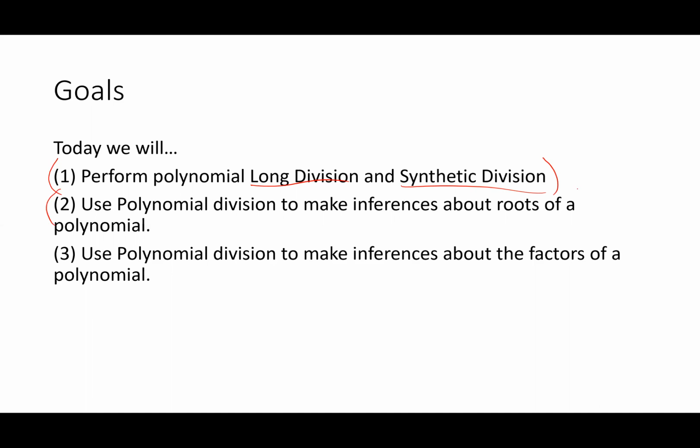Then we're going to use polynomial division to make inferences about the roots of a polynomial. And from there, we'll be able to make inferences about the factors of a polynomial. Just to give you an idea of this connection, it's really not that fancy. If I've got a polynomial, we'll call it p of x, and let's suppose that p of x has a root at x equals 2.